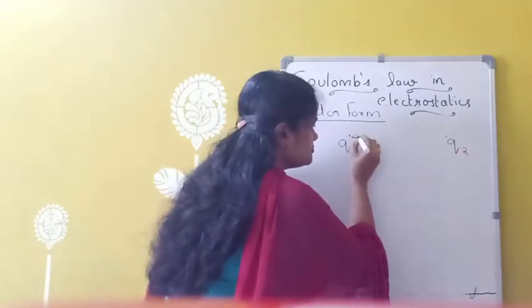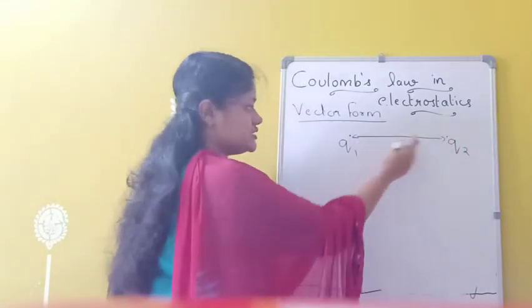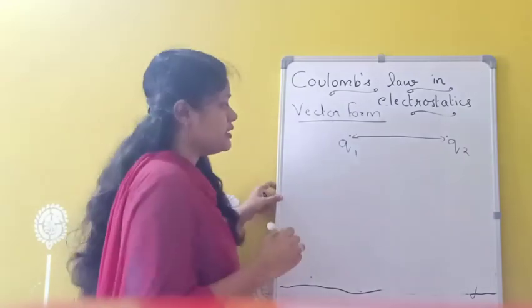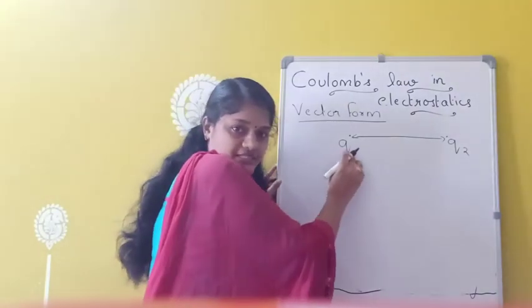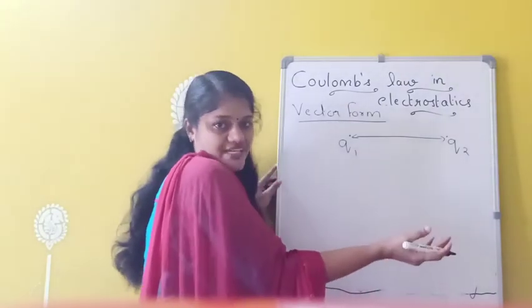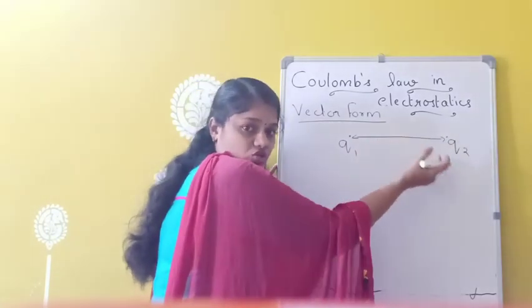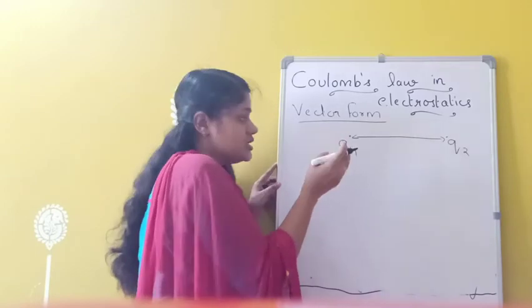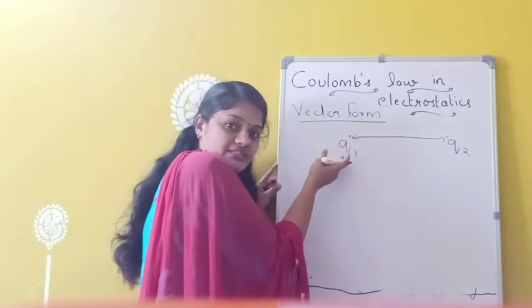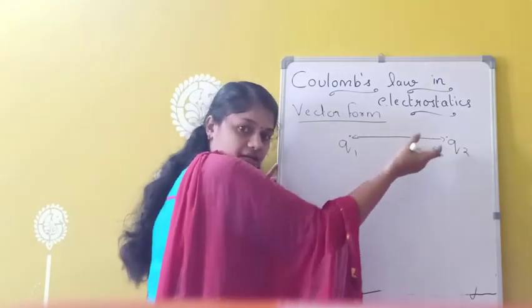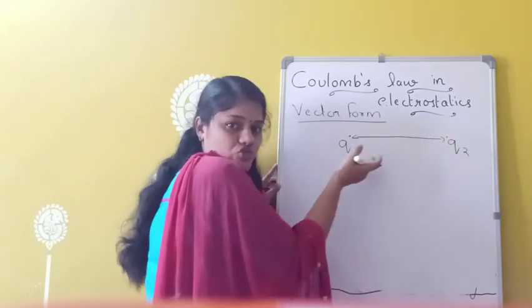Suppose the distance between the charges is R. And I told you, whenever we place two charges in free space or in any other medium, there may be an electrostatic force of attraction or repulsion between these two charges. Anyway, charge Q1 will exert a force on Q2. Similarly, charge Q2 also will exert a force on Q1.